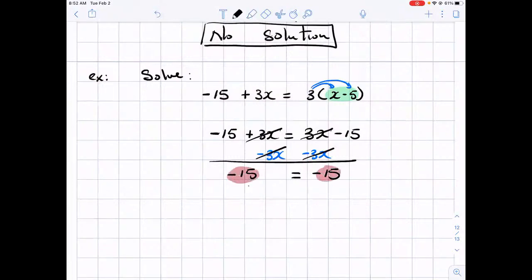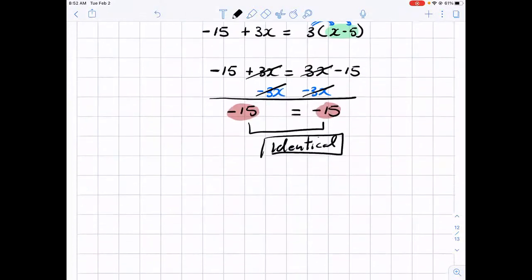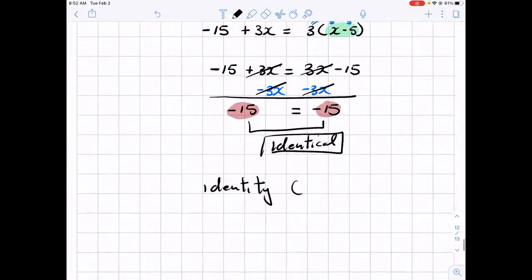They are identical. And whenever they are identical, it means that this problem is an identity, which implies that we have infinite solutions.